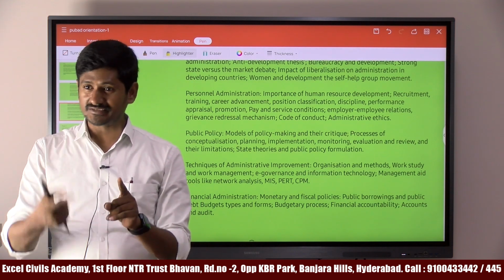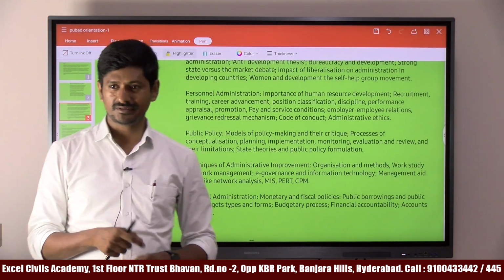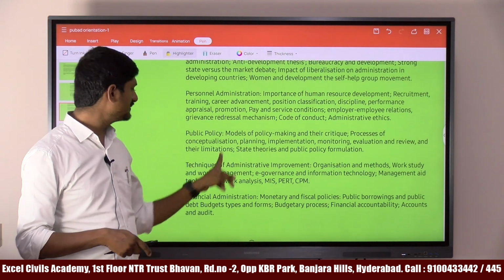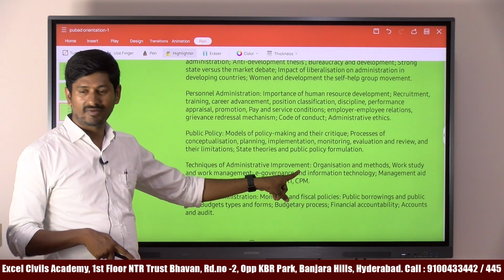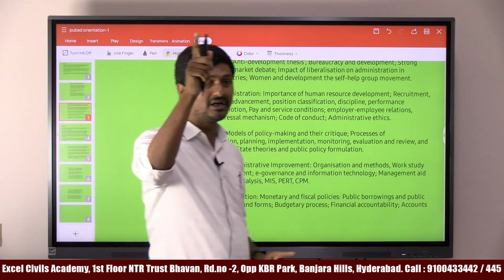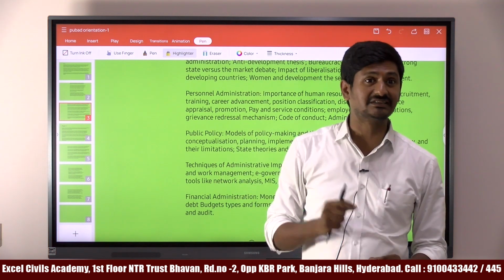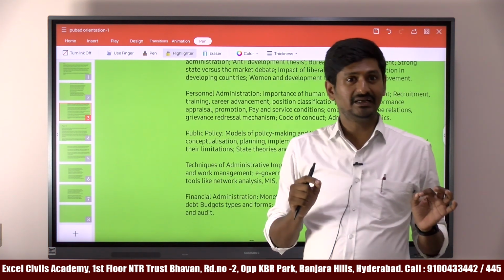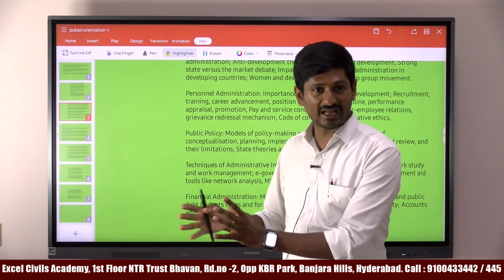We need to define the system in such a way that there will be no scope for expecting bribe. The better system is what? What is that? Techniques of administrative improvement. For example, management information system. The top level authority will be able to understand how the policy implementation across various levels. DGP sitting in his own seat and he will be analyzing what is the level of crime.